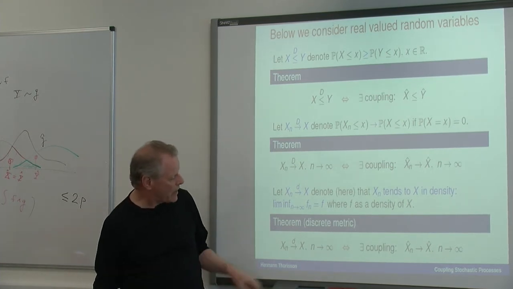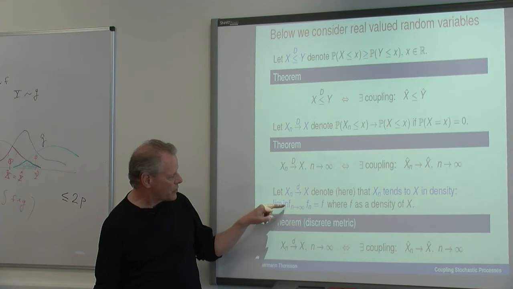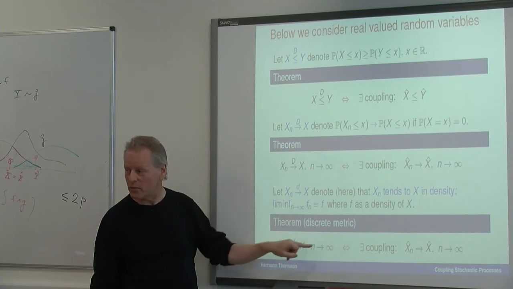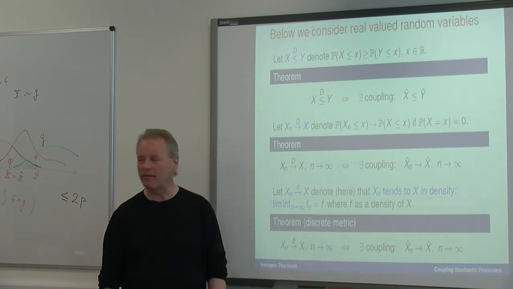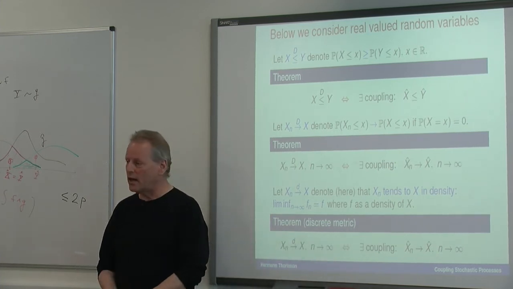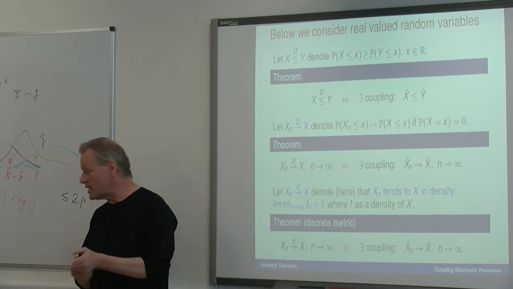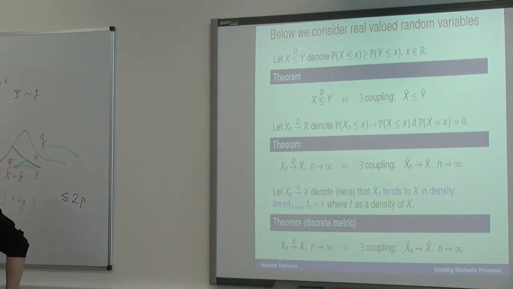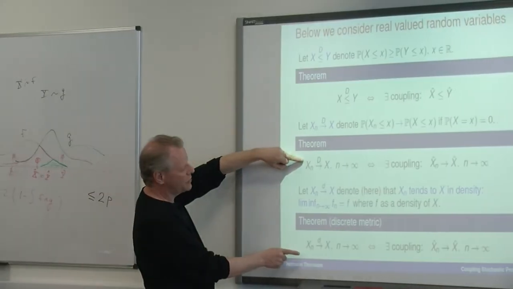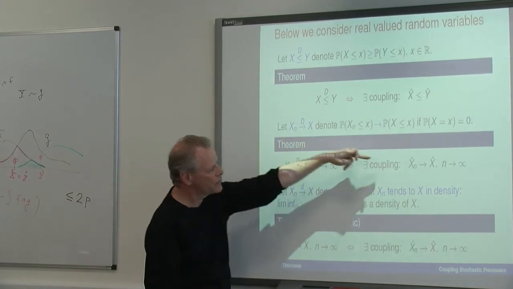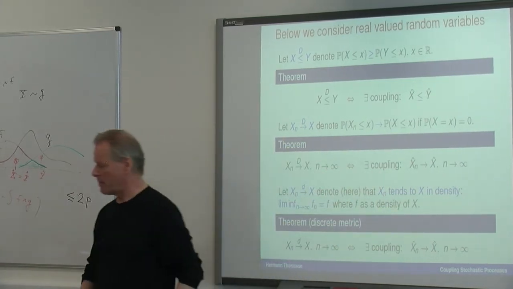Because then I can place this, because this condition then is written this way. Because of this equivalence, I think it should have a name, this condition, and convergence in density is fine for me. We can discuss that afterwards. Okay, so now you see these two are quite similar. Convergence in distribution, convergence in density, same result with different metrics.